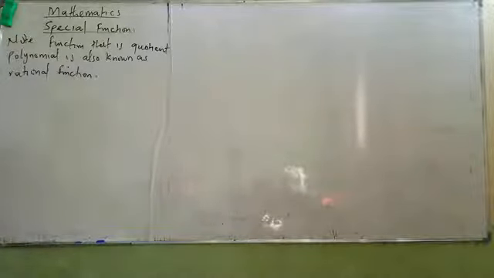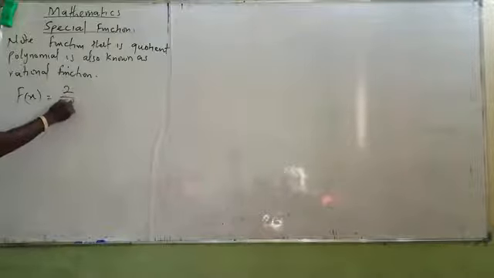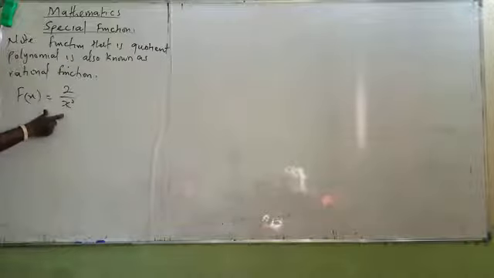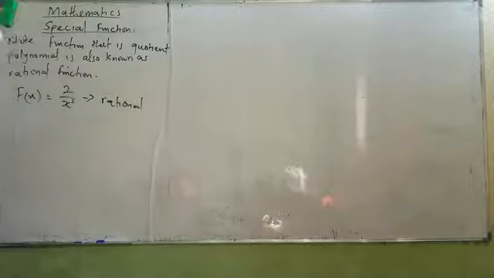That is what you just need to know. I've explained that to you: when you have f of x equals 2 all over 3x cubed, this is a very good example of a quotient of polynomials, which is also known as a rational function.